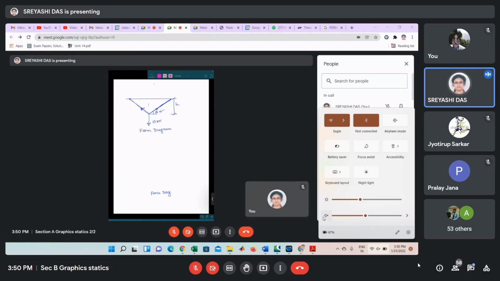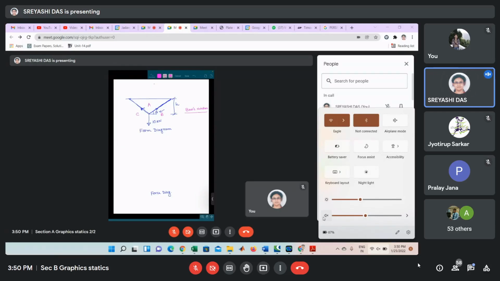So let us name these spaces A, B and C. So here we are naming the spaces A, B and C, and we will name the forces in terms of these spaces. So this notation is known as Bow's notation. So here we will name these forces in terms of spaces in a clockwise manner.